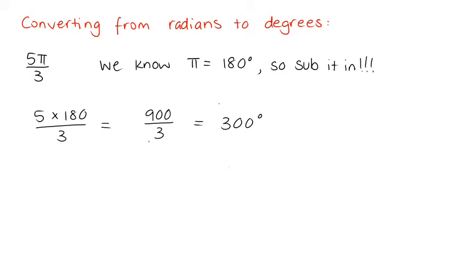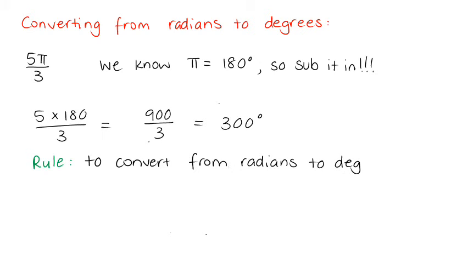Okay, so here's your little rule to convert from radians to degrees. Sub in pi equals 180.